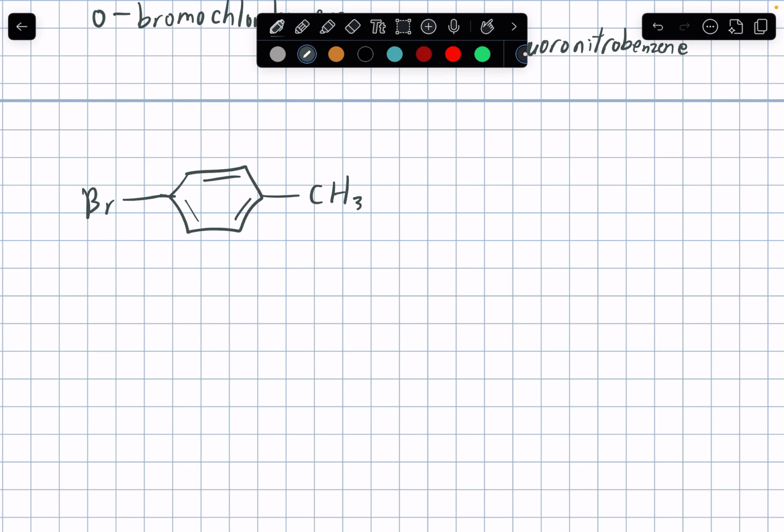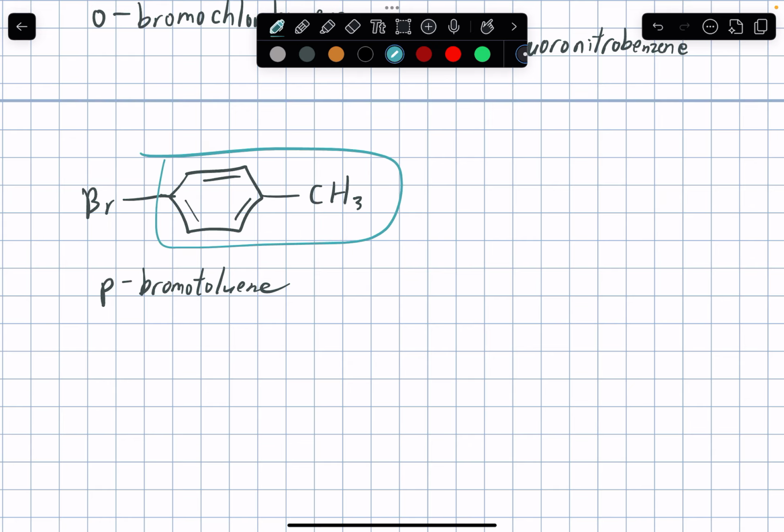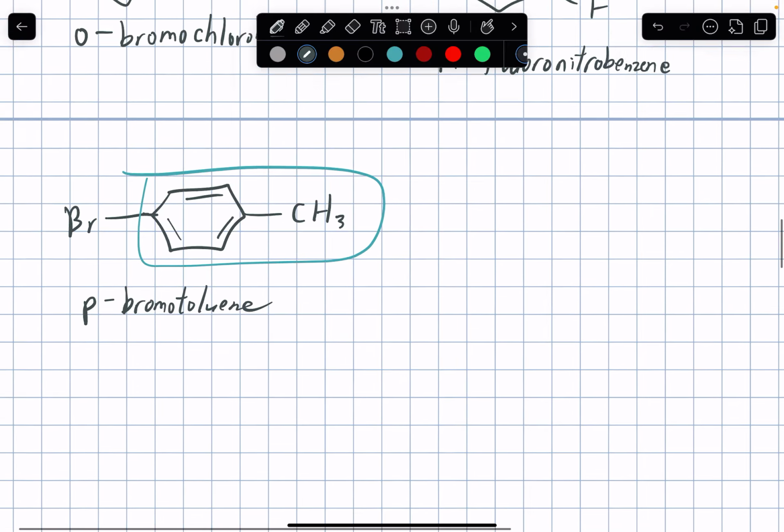So one way to name this is, since the substituents are para to each other, we put p, and then, okay, bromo, and then, yeah, bromotoluene, because this part is toluene. So we're just going to assume that we only have one substituent.